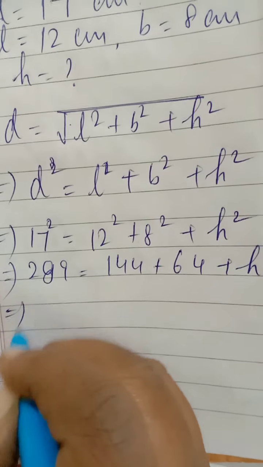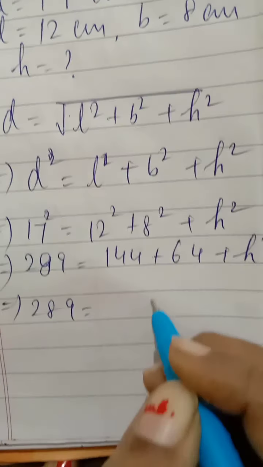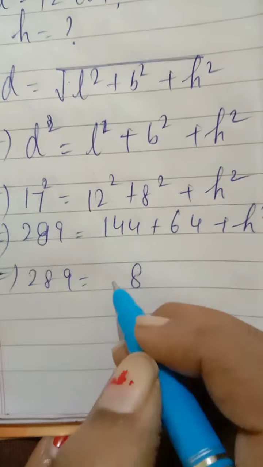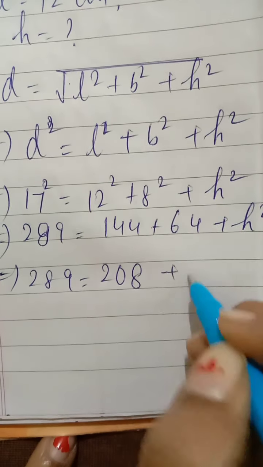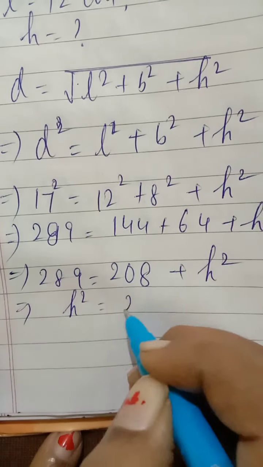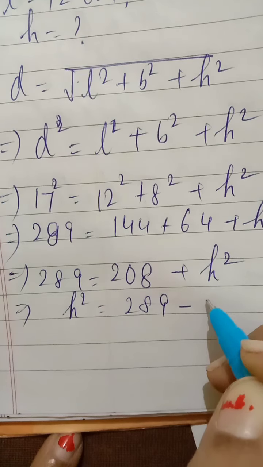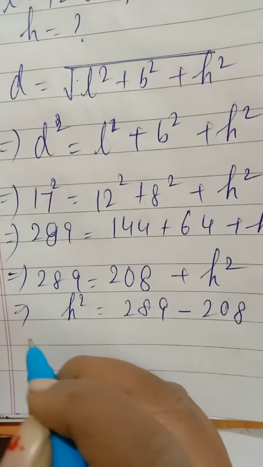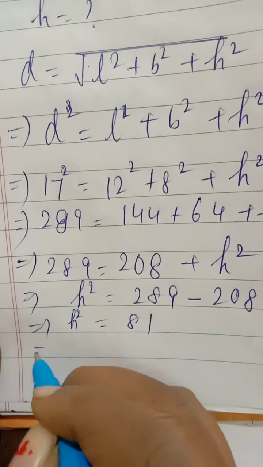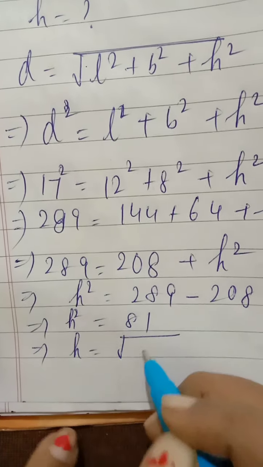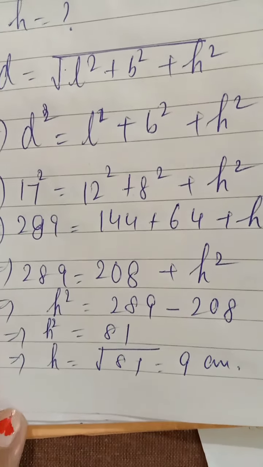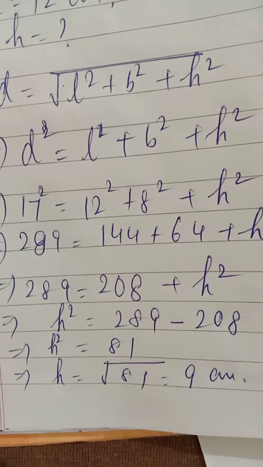So we can find 289 equals, 4 plus 4 is 8, 208 plus h². So h² equals 289 minus 208. So h² equals 81. So h equals root under 81, that is 9 centimeter. So the height we will get is 9 centimeter.